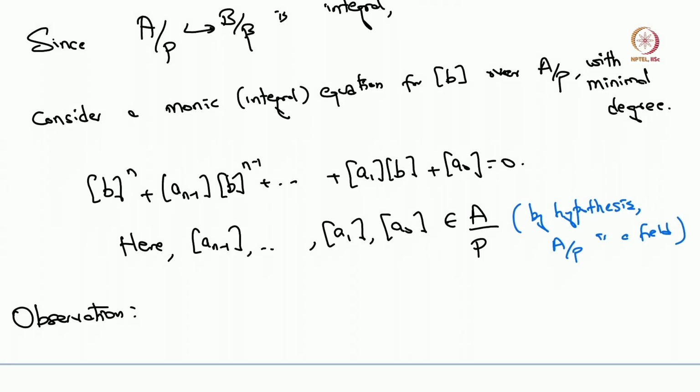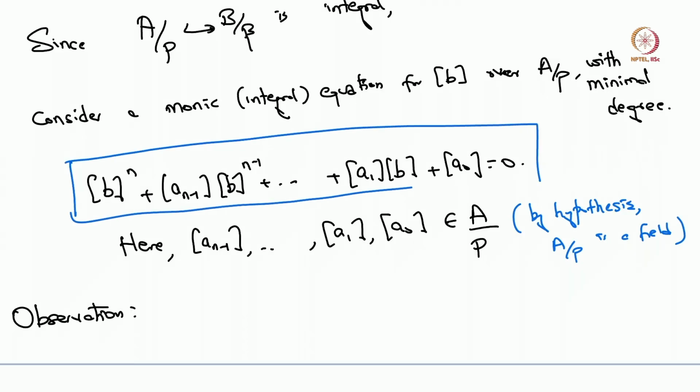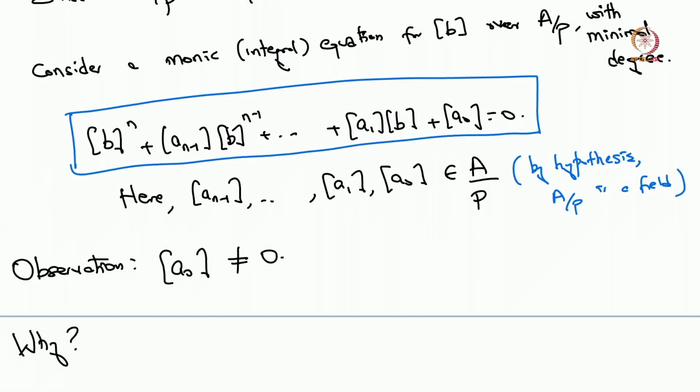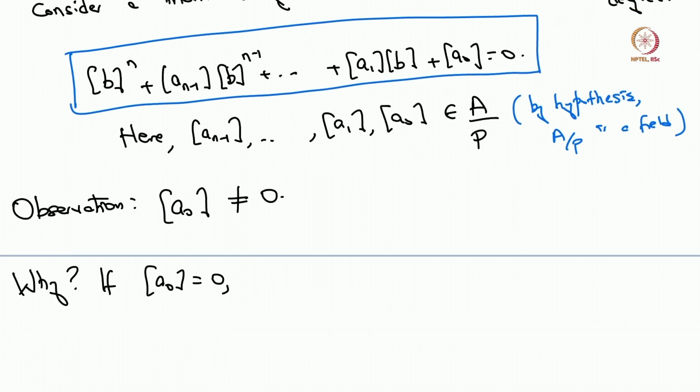I've chosen this monic equation to have minimal degree, and my observation is that because of that the constant term a naught has to be non-zero. Again, why? If the constant term was 0, then what happens to this equation?